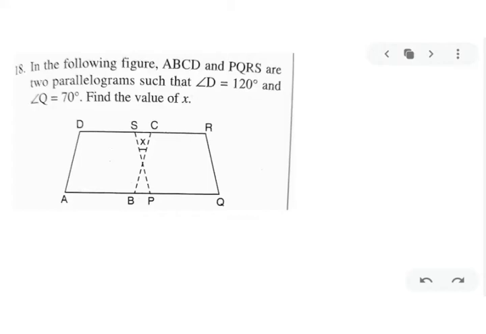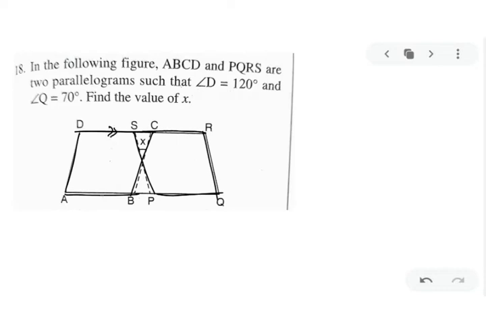Dear kids, I'm taking your exercise 14C, problem number 18, which says, in the following figure, ABCD and PQRS are two parallelograms. So if you can see ABCD and PQRS are two parallelograms.